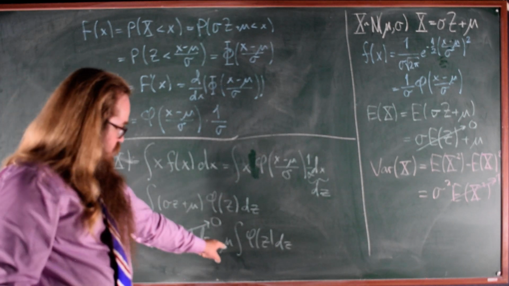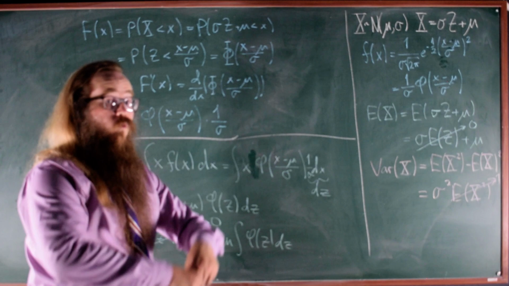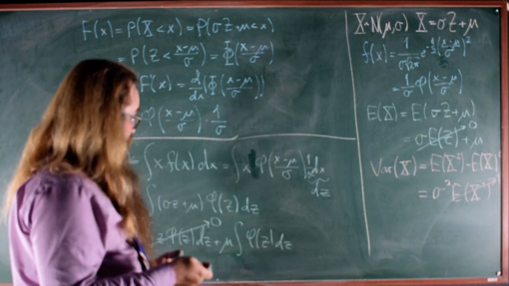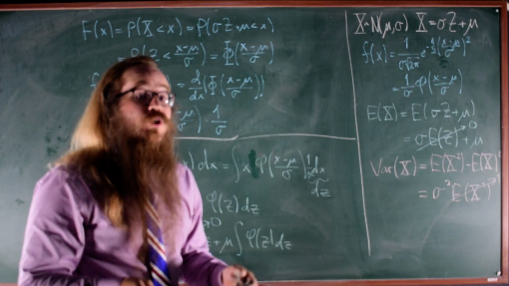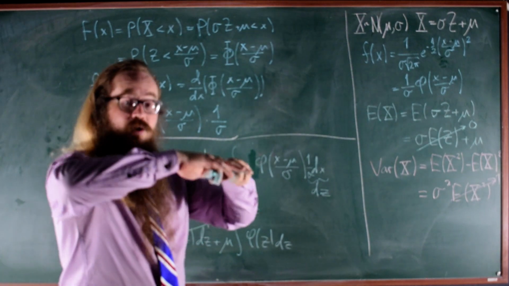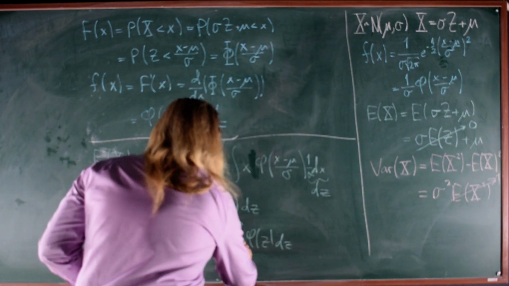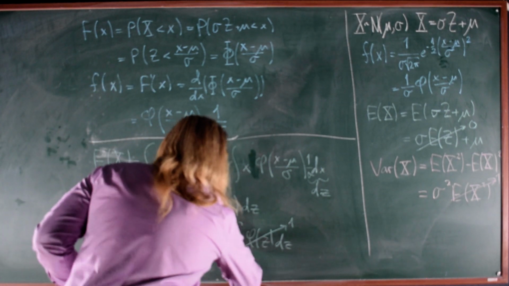Now this is mu times the integral of the PDF over the whole interval. Well, if you integrate the PDF over a certain interval, you get the probability that the variable is in that interval. So if we integrate over the whole interval, this is actually just 1. And what we're left with is the mean.